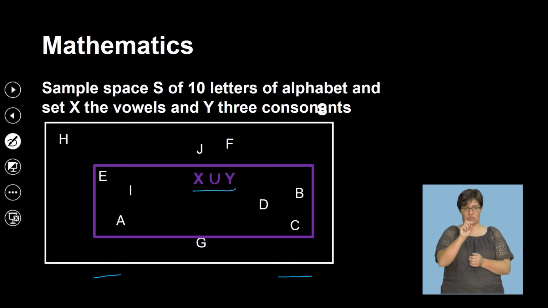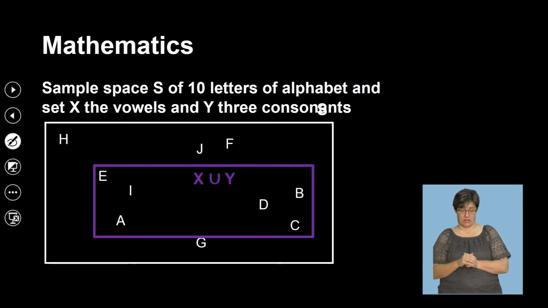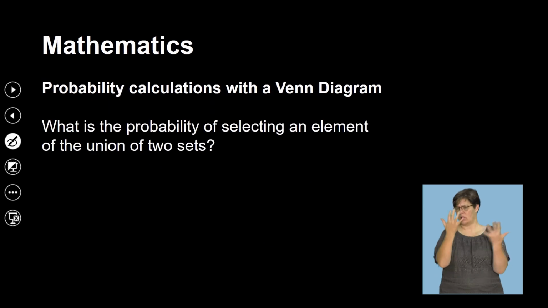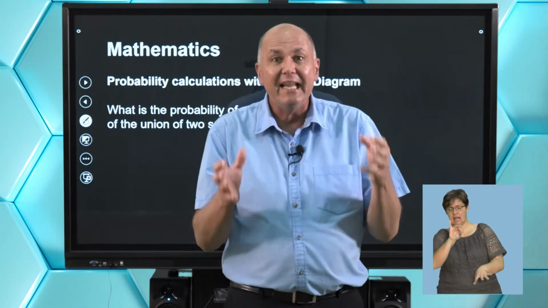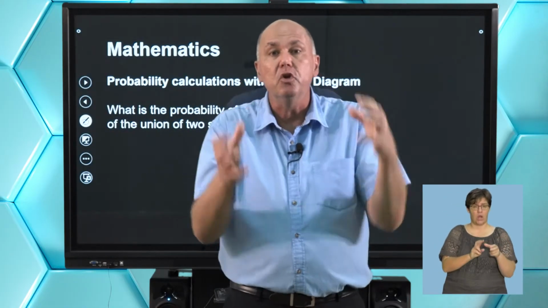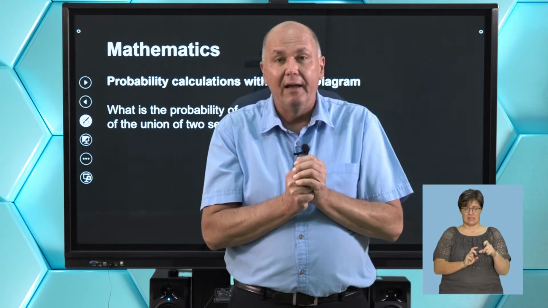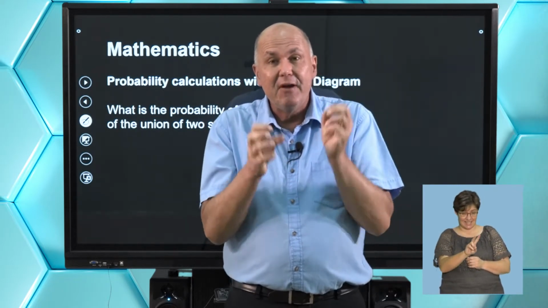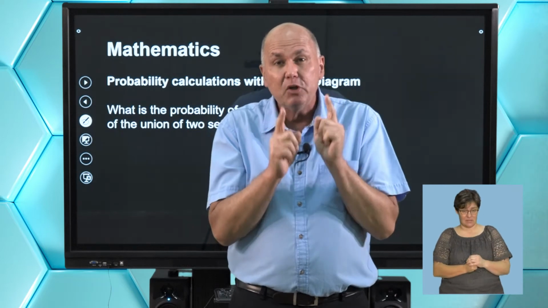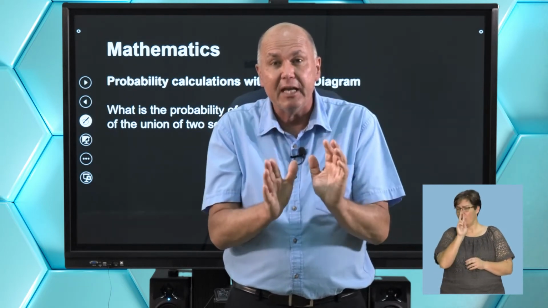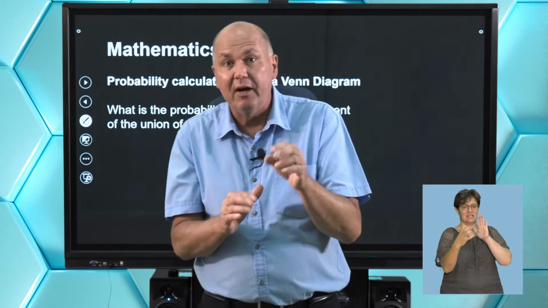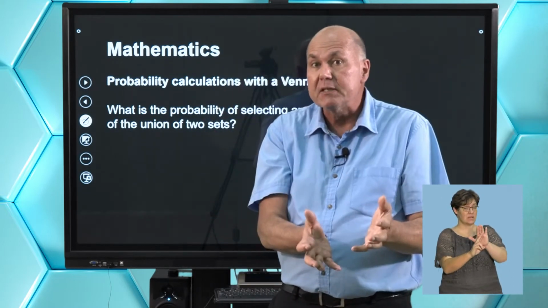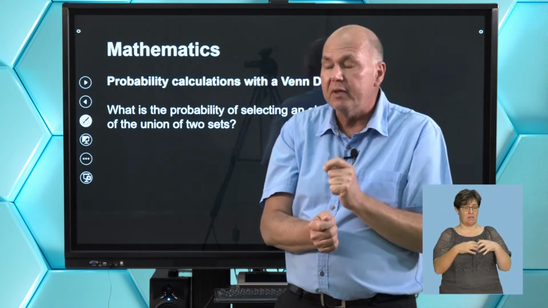Now, if we're going to do some probability calculations, then the question is, what is the probability of selecting an element that belongs to the union of X and Y? Make sure that you can see this very clearly. I want you to take a very careful look at the diagram that represents the sample space and the union within it.